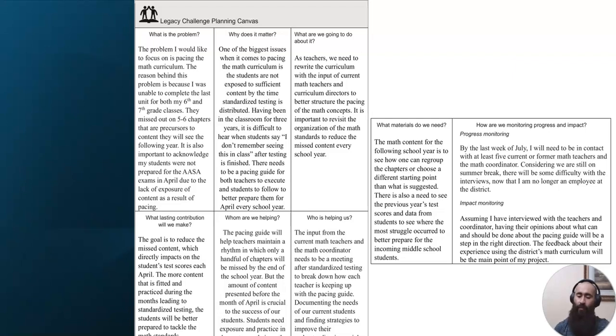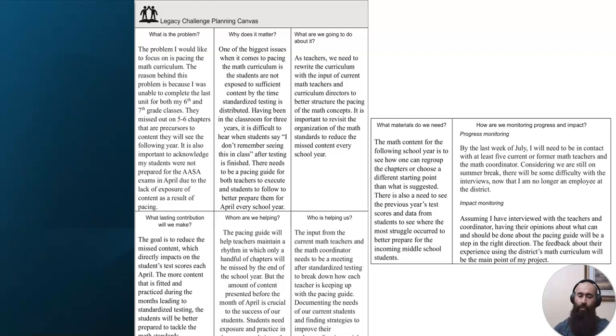Now, I've put my former students in a difficult spot because their math teacher this coming year will now have to teach them the missing chapters on top of whatever the curriculum is for their selected grade level.